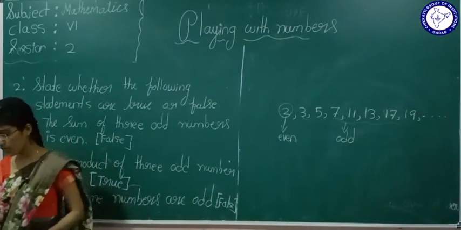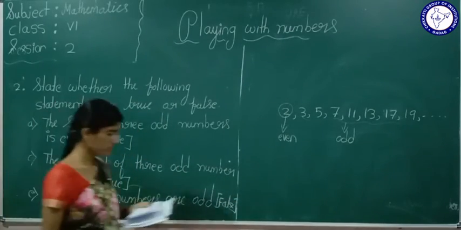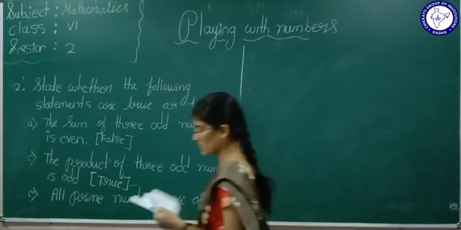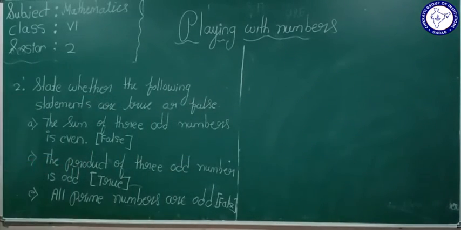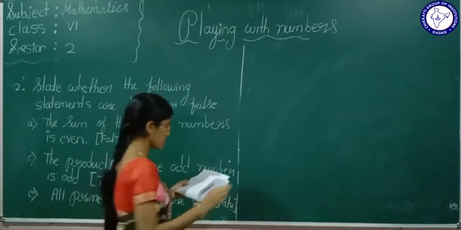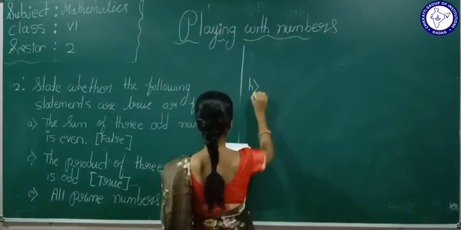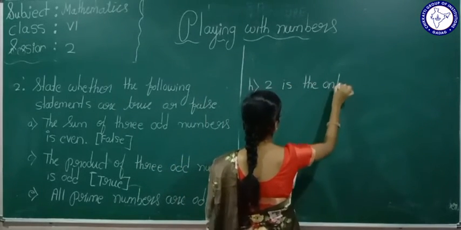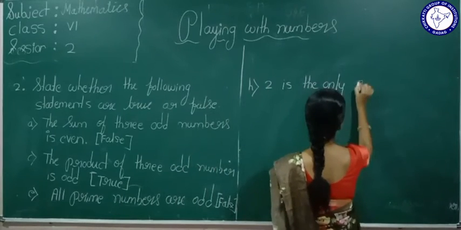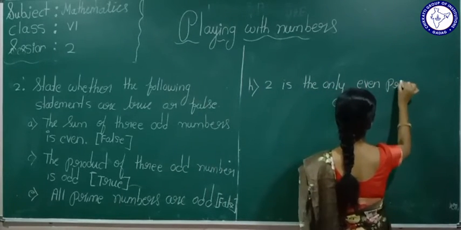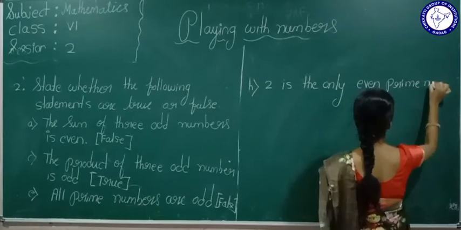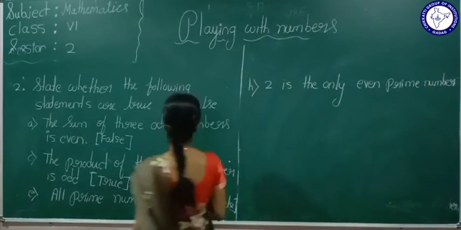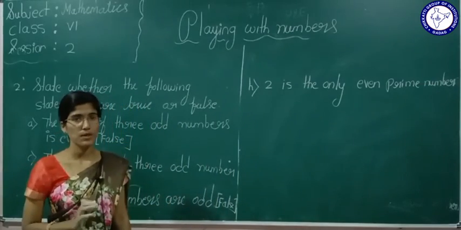Okay? Now we will consider one more. So H: 2 is the only even prime number. Now what do you tell about this? 2 is the only even prime number, is it correct?